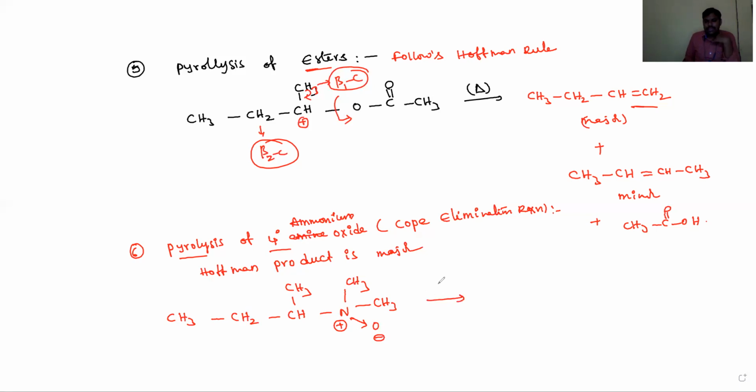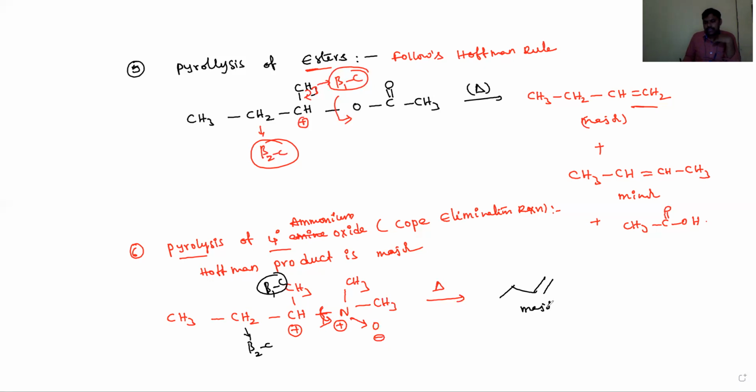On heating, this group will eliminate and produce a carbocation intermediate, and it has 2 beta carbons, beta 1 and beta 2. If you remove the hydrogen atom from the beta 1 carbon, you get but1ene.